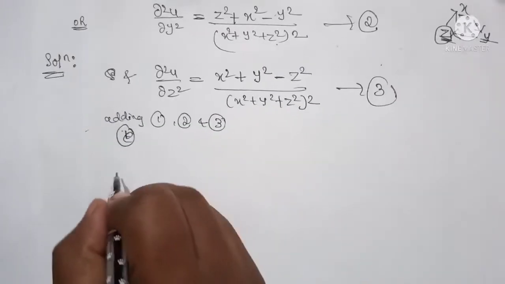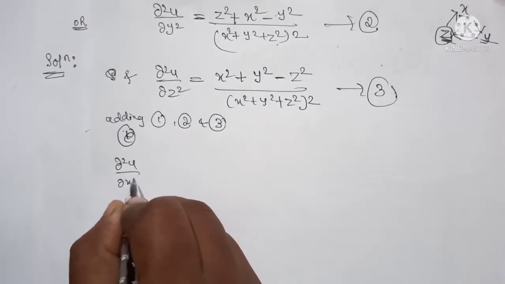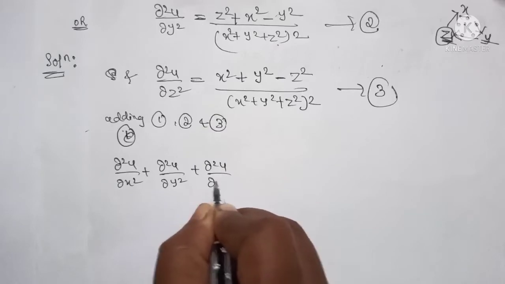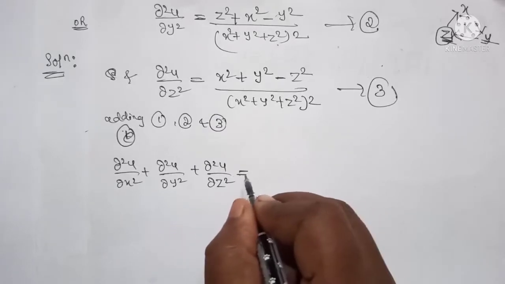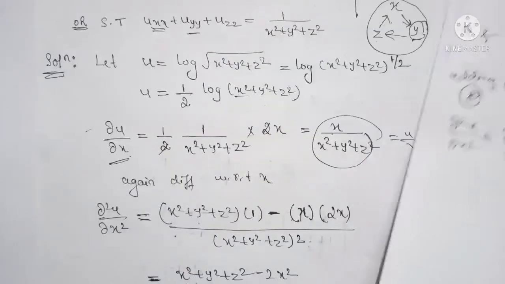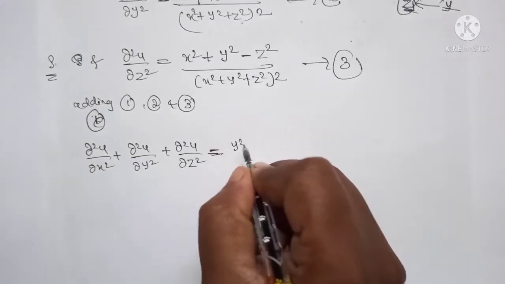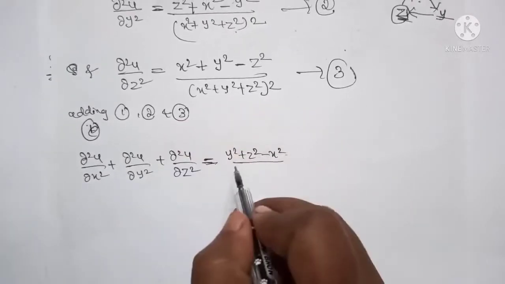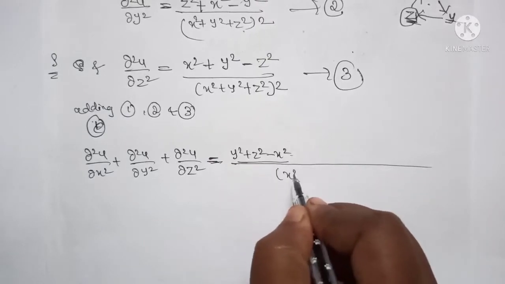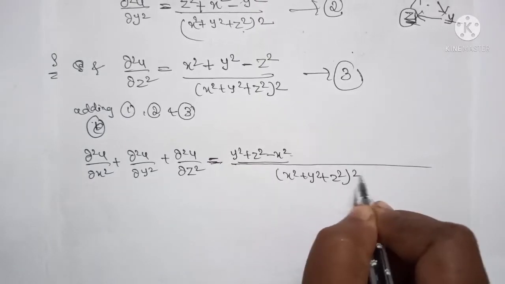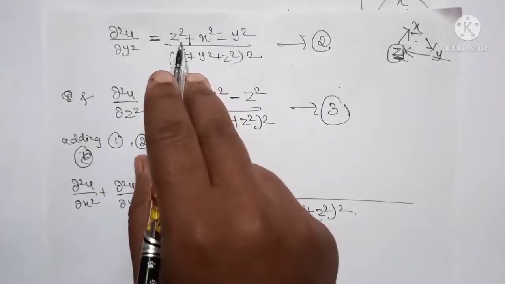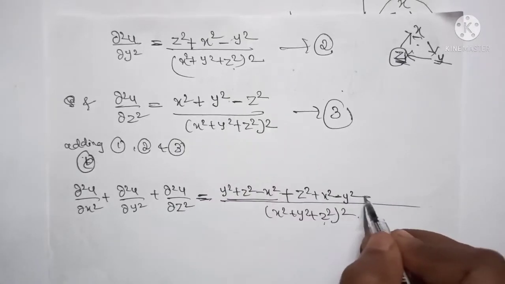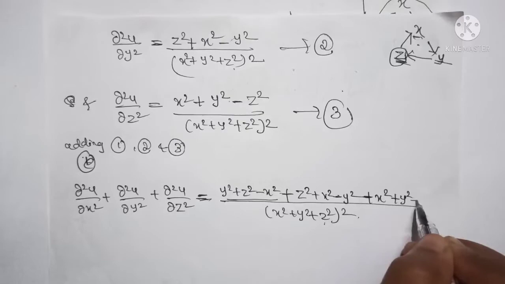We get ∂²u/∂x² plus ∂²u/∂y² plus ∂²u/∂z² equals, so equation 1 is y square plus z square minus x square divided by the denominator. All are the same, so directly we take the LCM here. To reduce the steps I will write directly. Plus this one, z square plus x square minus y square, and equation 3 numerator is plus x square plus y square minus z square.